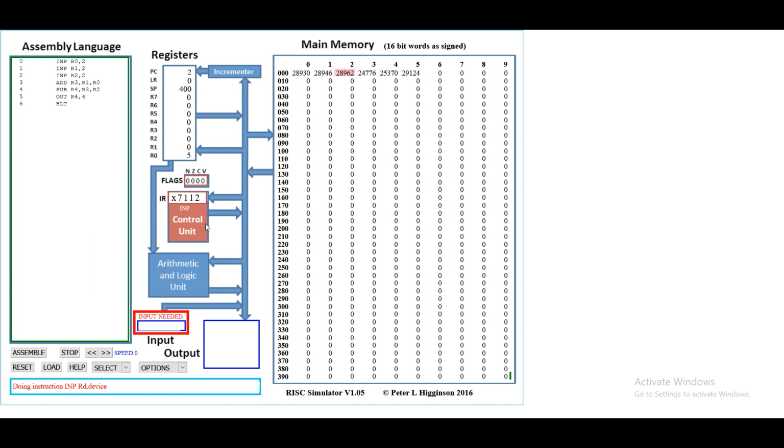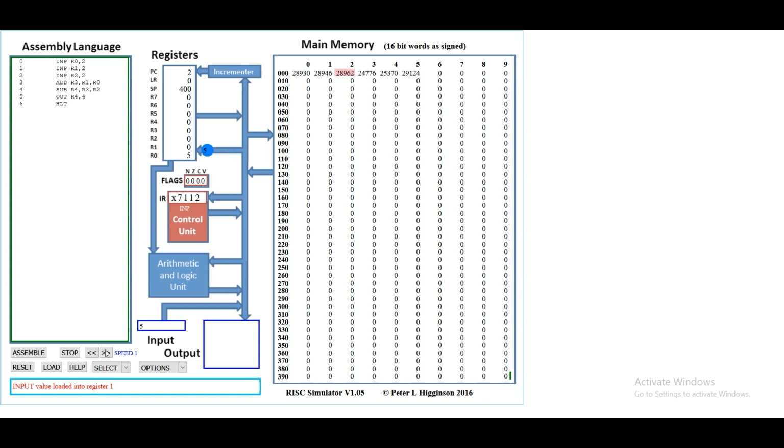IR transfers control to the CU, and the CU requires the user to enter the second input by executing this instruction. In this case, I'll enter the value 5. As soon as the operation finishes, the value is stored in R1.